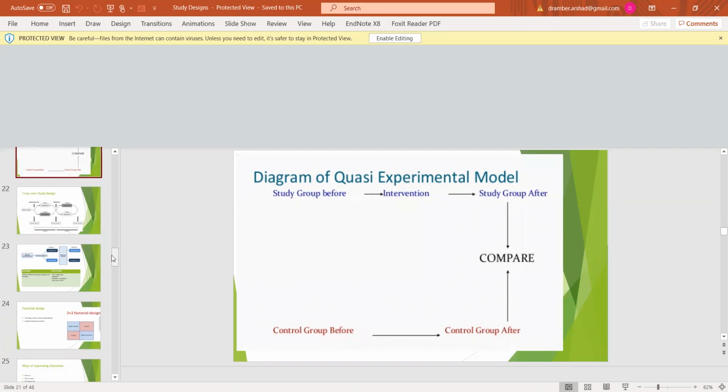There is an absence of randomization, and the rest of the design is similar: the study group has the intervention and the outcome is measured, and in the control group, the outcome is measured, and the outcomes are compared in both the groups. But the only thing lacking is the randomization.